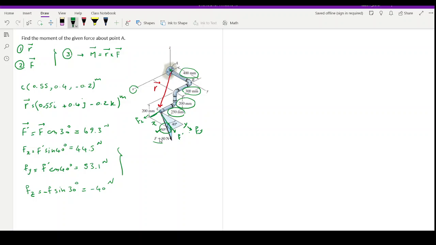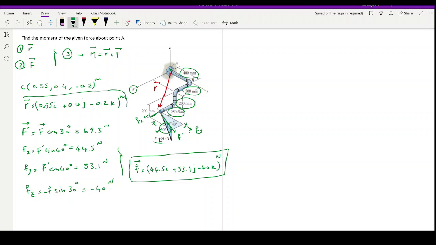That means that I have F in Cartesian as well. So F is going to be equal to 44.5 i plus 53.1 j minus 40 k, and that's in Newtons. So I have F in Cartesian and I have R in Cartesian.